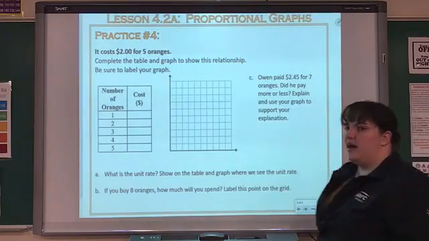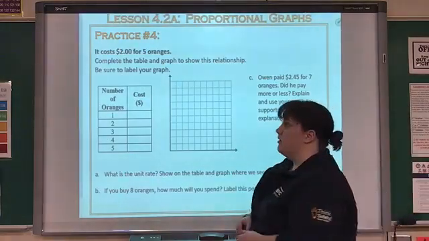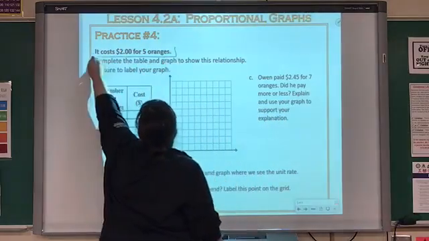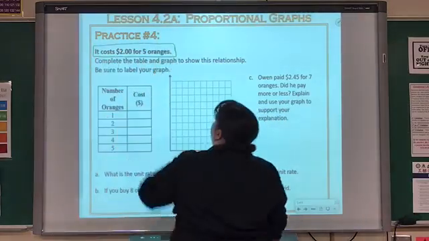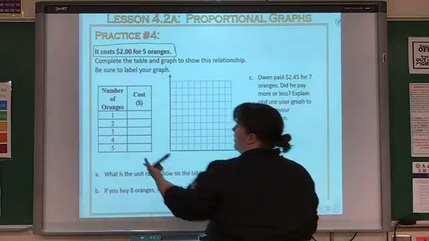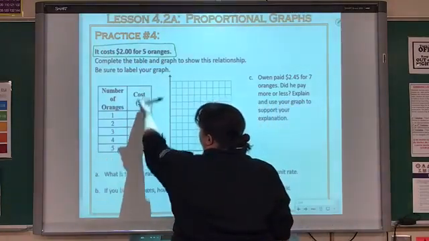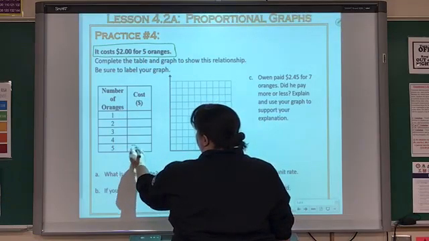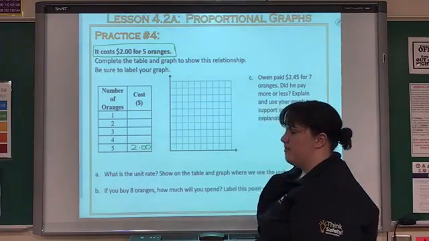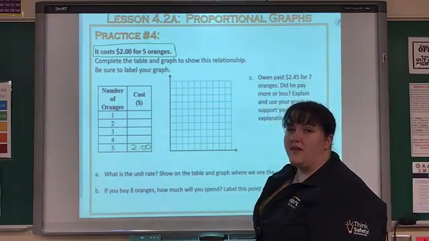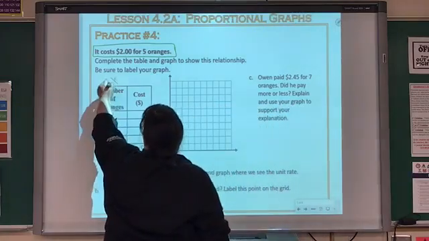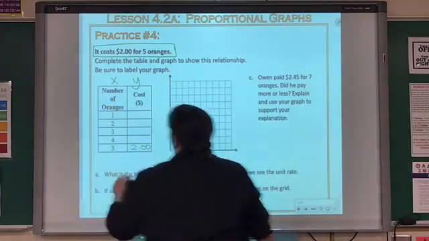So now we want to do this example problem. We have $2 for 5 oranges. So let's put what we know on our table. We know the number of oranges and the cost is $2 when we have 5 oranges. Now we need to divide so that we can figure out our constant of proportionality, right? This is our x value and our y value.